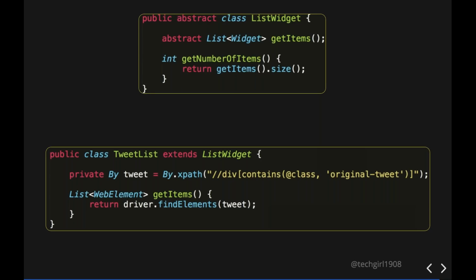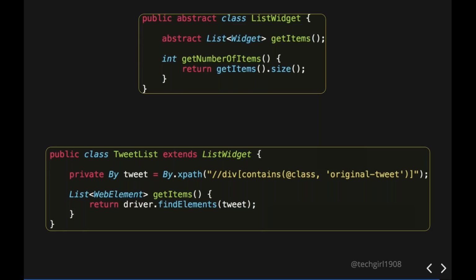So it has the get items method here with the implementation details of how it would go about getting the items for a tweet list, right? So this is specific to the tweet list. Other things that might inherit from list widget might have another way to go about getting them, right? So this is specific to this one. So this is just an example.